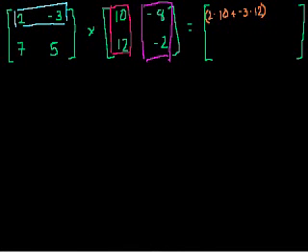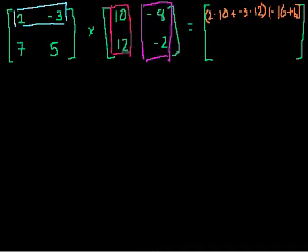So now this is going to be 2 times minus 8. Let me just write out the number. 2 times minus 8 is minus 16. Plus minus 3 times minus 2. What's minus 3 times minus 2? That is plus 6. So that's in row 1, column 2. It's minus 16 plus 6.